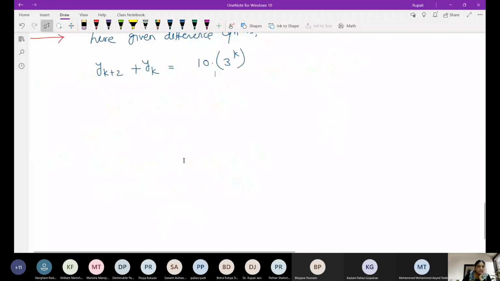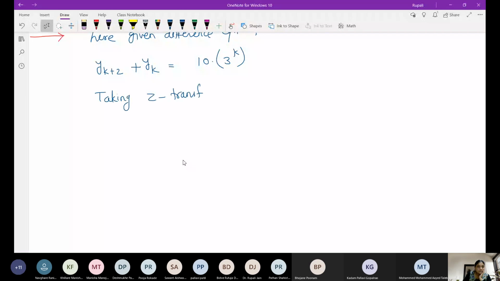Now taking Z transform on both sides, what we get? Z transform of y(k+2) plus Z transform of y(k) is equal to 10 times Z transform of 3 raised to k.